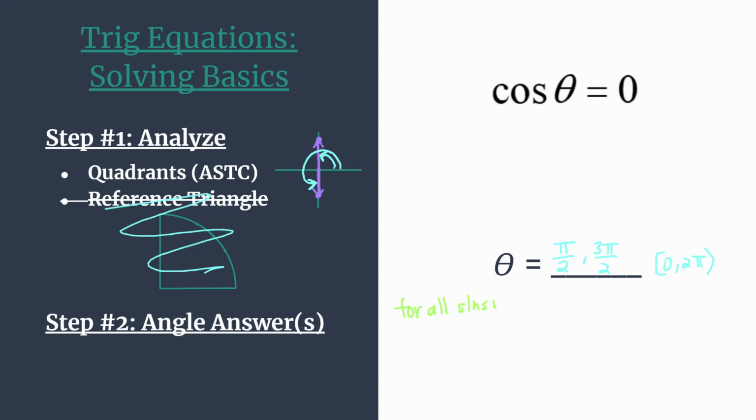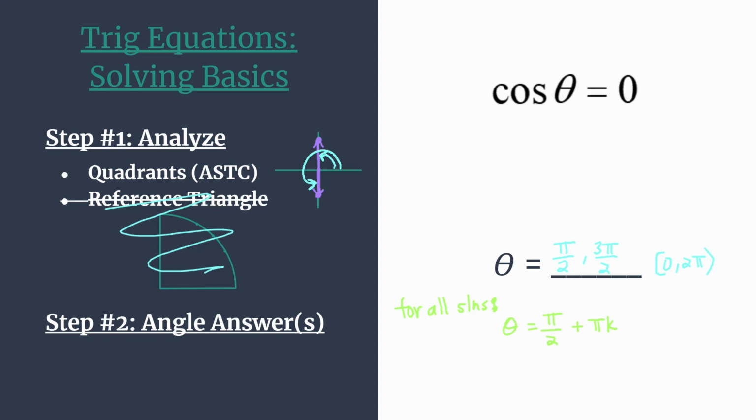So we can write a single equation, theta equals, and we'll start at pi over 2, and we'll say that a solution is going to happen every half rotation, or pi radians apart. So we can say that theta will equal pi over 2 plus pi k, where k is an integer, and then depending on what integer you substitute in, you'll get another coterminal angle that will be a solution.